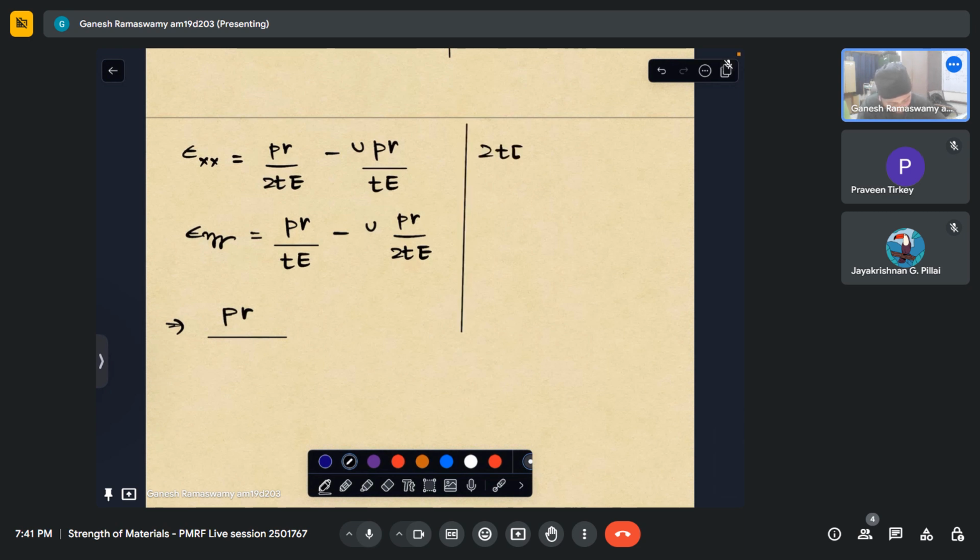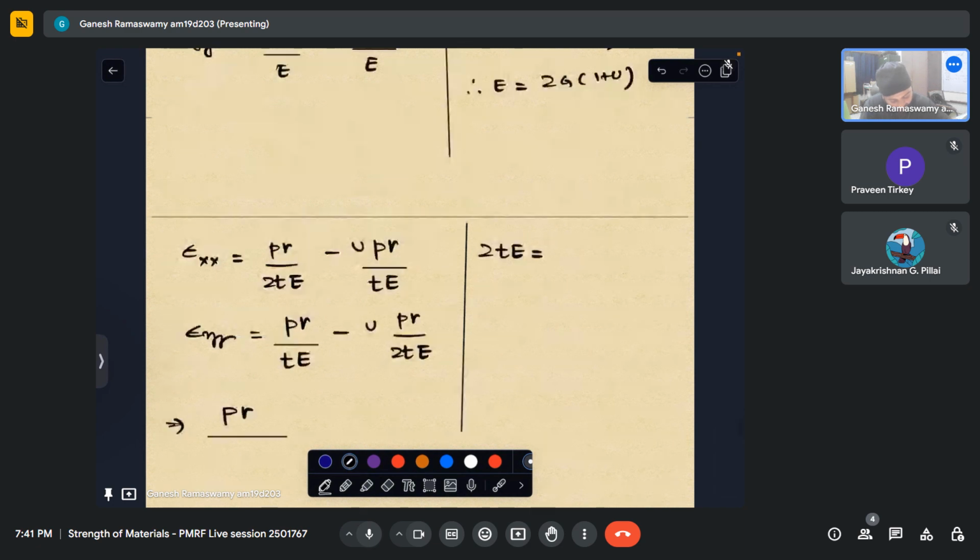It follows that 2TE is nothing but 4G into 1 plus mu, so 4GT into 1 plus mu. Similarly, TE is nothing but 2GT into 1 plus mu.